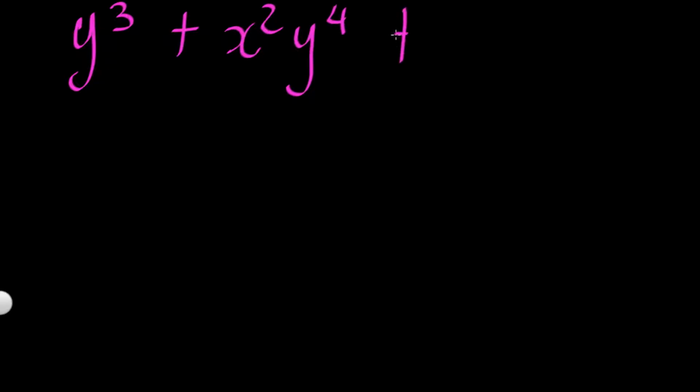We have y cubed plus x squared y to the power of 4 plus x cubed y equals 9. As usual, when you are doing differentiation, it is a matter of differentiating each term.